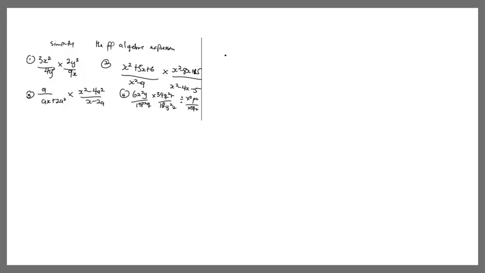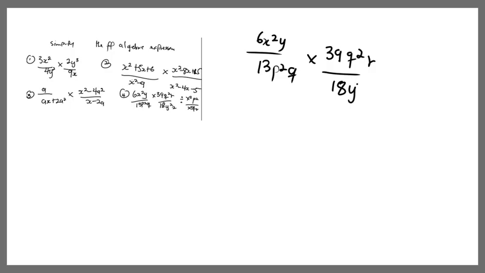We have 6x squared y on 13p squared q multiplying 39q squared r on 18y squared z divided by x squared p squared on xqr. So first of all, you have to do your division, reciprocate your division.